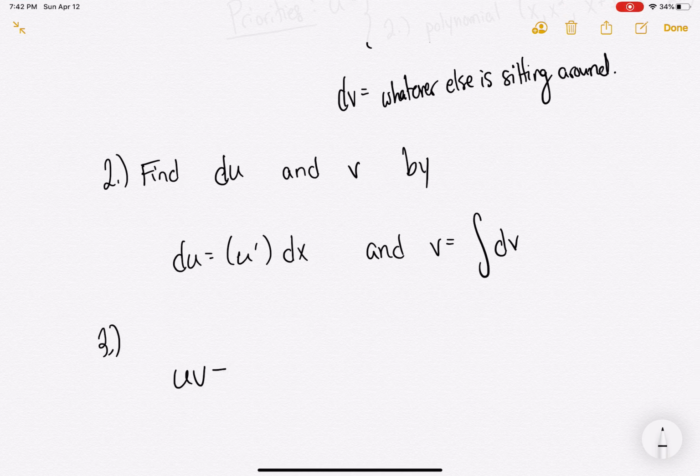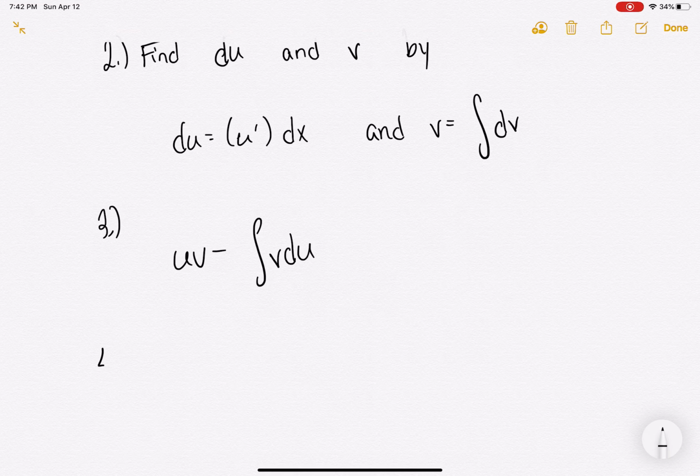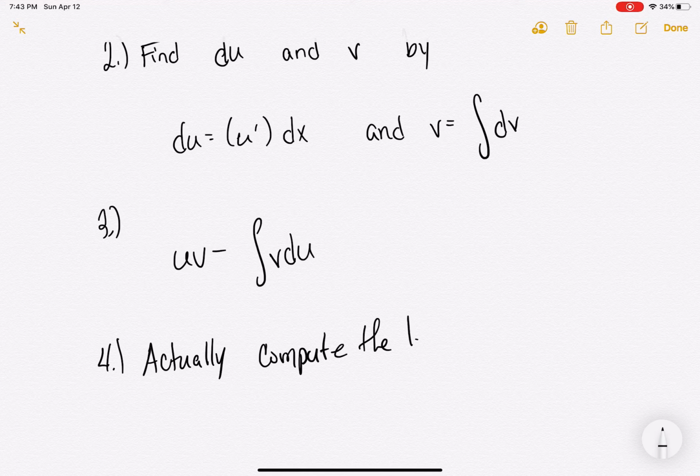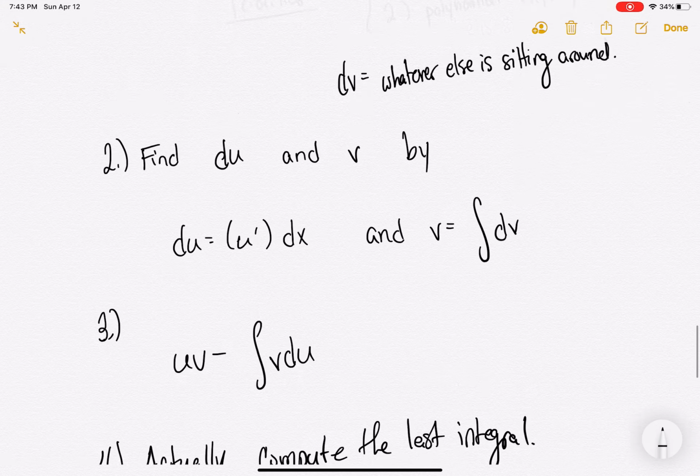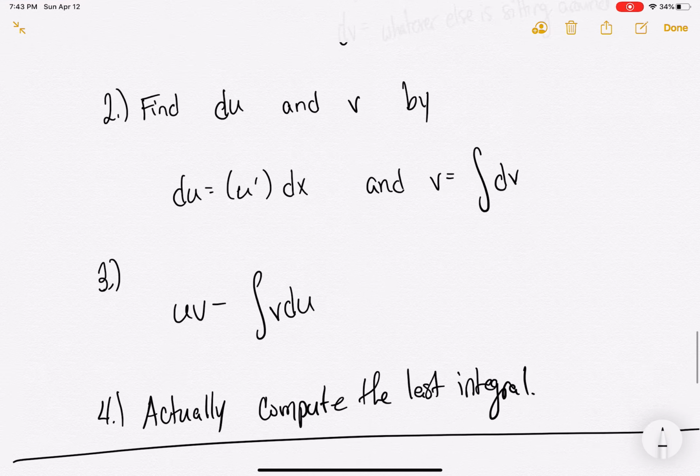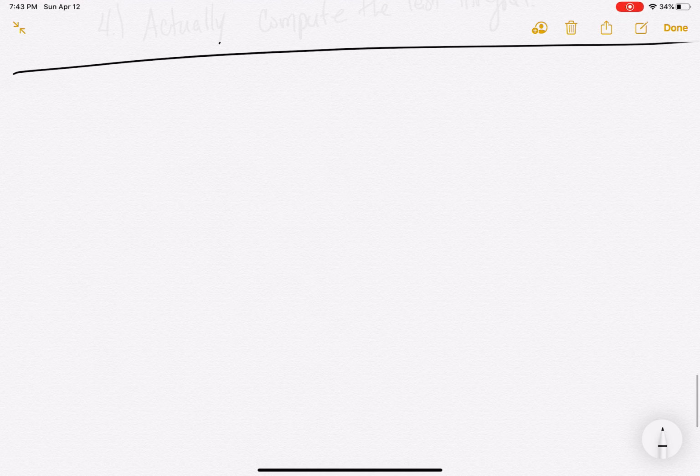It's uv minus integral v du. Step 4 is you actually compute that last integral. So there you go. There are your steps. And that's a good way of doing these problems. So let's do another example.